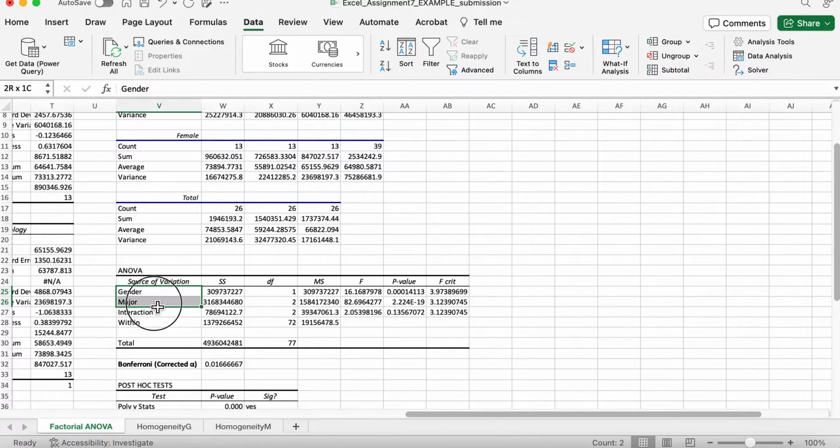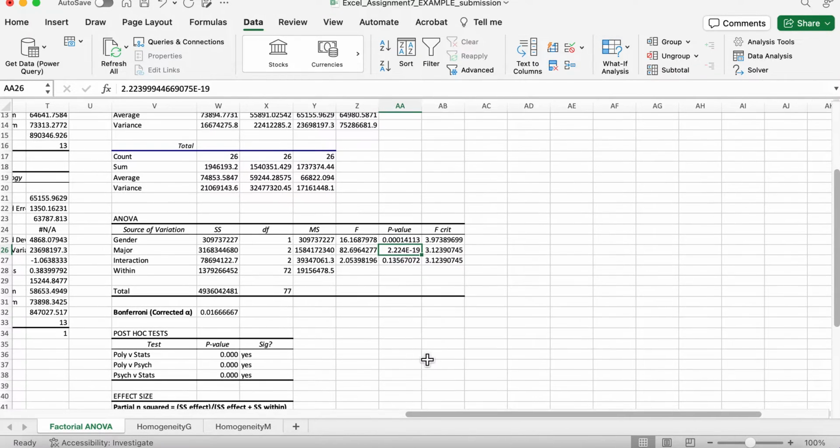With gender and major, it looks like the p-value is definitely less than 0.05, and in this case also less than 0.05. Anything that has scientific notation is going to be less than 0.05.